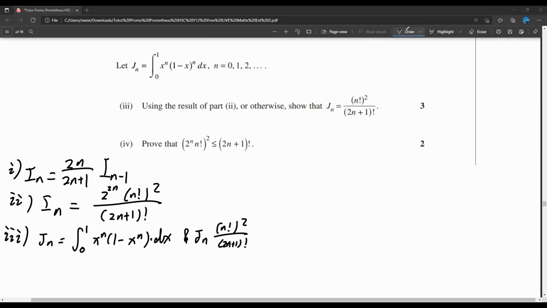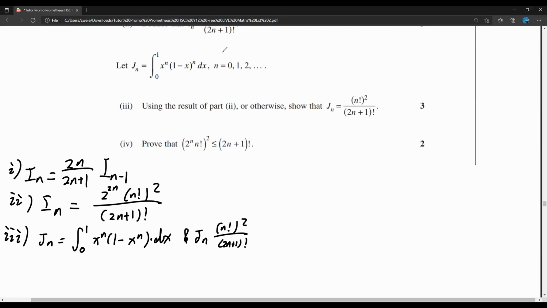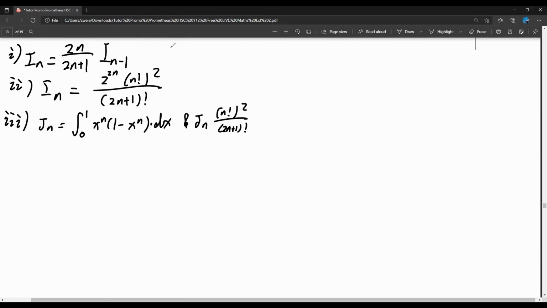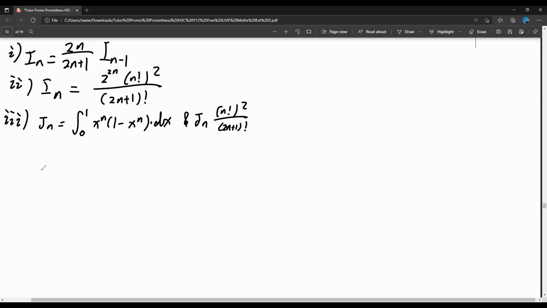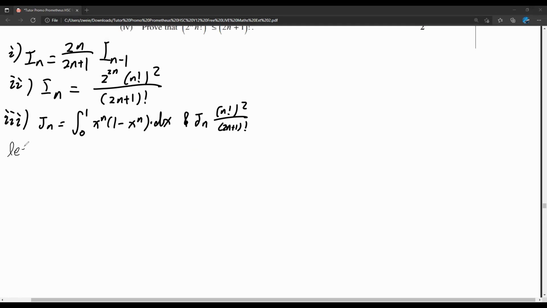You will be using your sine 2 theta. All you will be needing is your sine theta. What I mean is let x equal sine squared theta. dx will be equal to 2 sine theta cos theta times d theta.